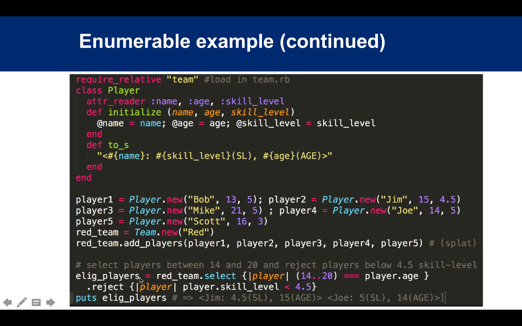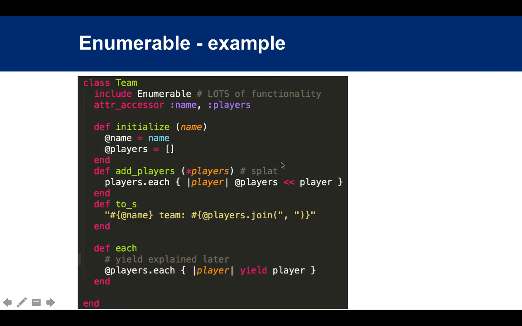And then let's say you also have a player class, and the player has a name, age, and skill level. Then you initialize it with those values, and you print out the name, skill level, and age. Right? So again, you have a team class that has an array of players that you could add.